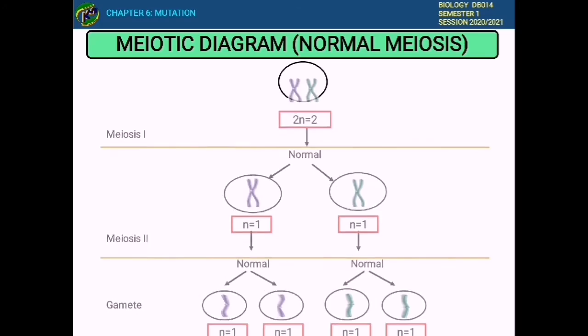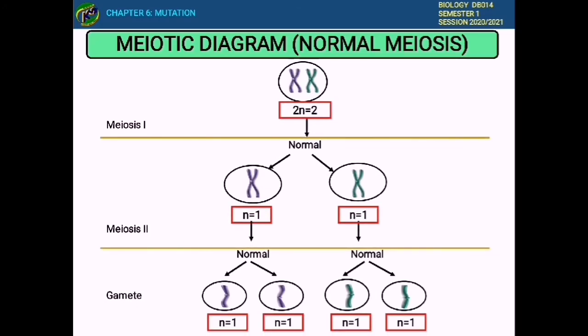Alright, so here we have a normal meiosis. Okay, meiotic diagram for normal meiosis. Look at this picture. Here we have 2n equal to 2. During meiosis 1 it occurs normally. So this cell receives one chromosome, this cell receives one chromosome. So n is equal to 1 because it's already divided.